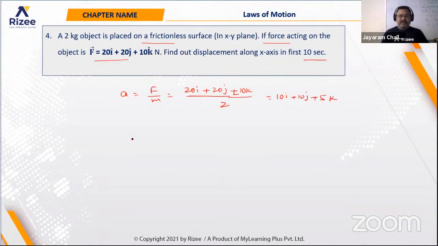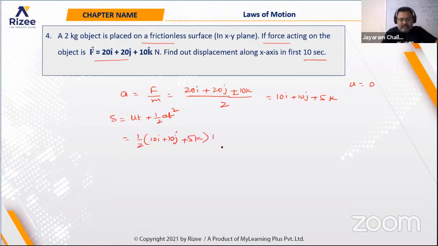You have got the acceleration, so put it in the equation for the displacement, where S is equal to ut plus half a t square. Here the initial velocity is 0, since the body is starting from rest. So S is equal to half into the acceleration 10i plus 10j plus 5k, into the time interval of 10 seconds, that is 10 square.